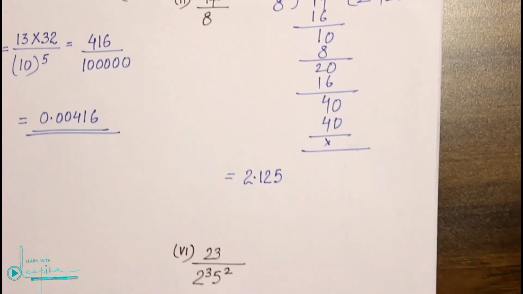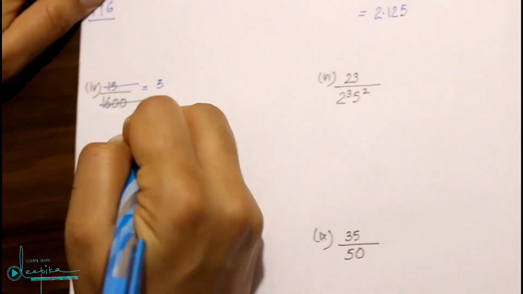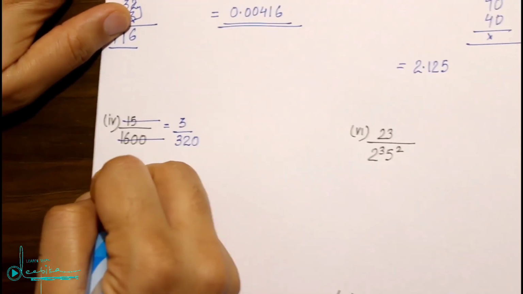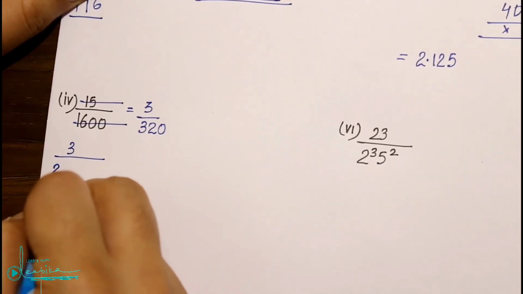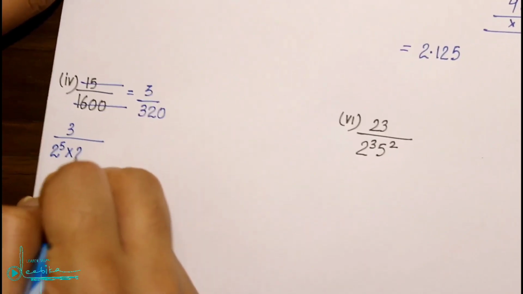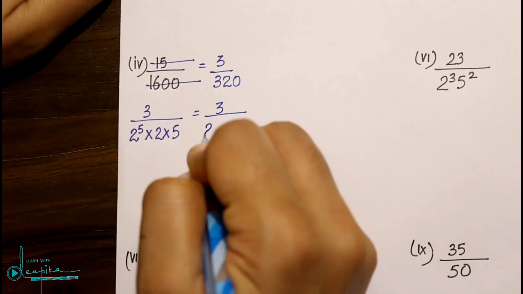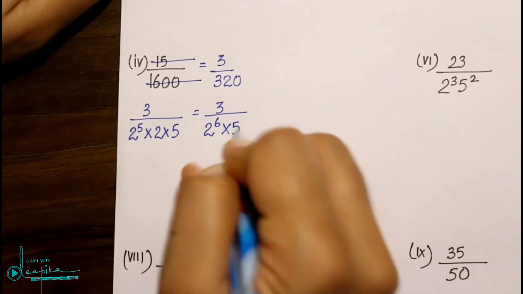Next part, when we reduce it, this will become 3 upon 320. 32 is 2 raised to power 5 and 10 is 2 multiplied by 5. You will write it as 2 raised to power 6 multiplied by 5.